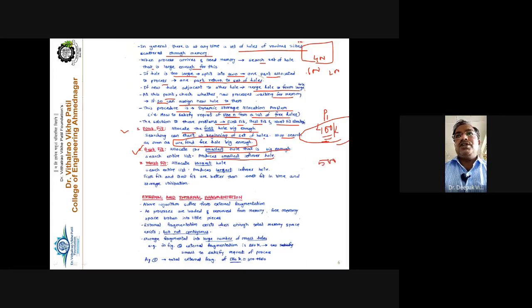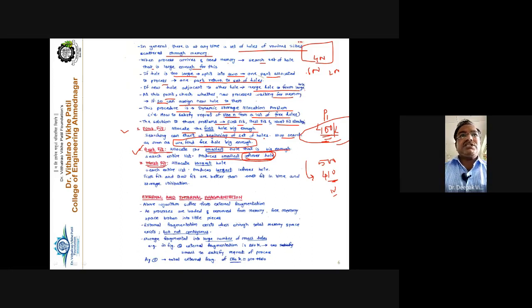Suppose one hole is of size 500K and another hole is of size 410K. Which hole is best suited for this 400K? The second hole is best suited because it has 410K available. Out of 410K, 400K is allocated to process P1, and only 10K remains as empty space or a hole. So it gives you the smallest leftover. That is called the best fit strategy.